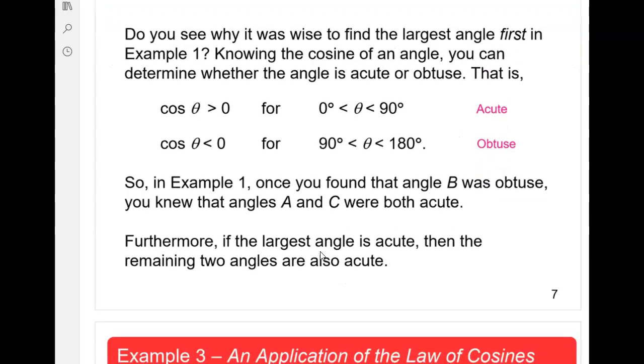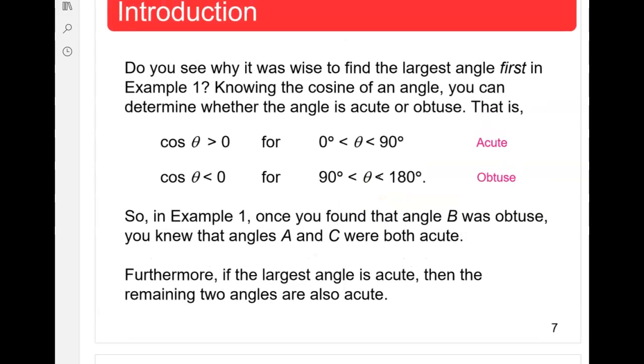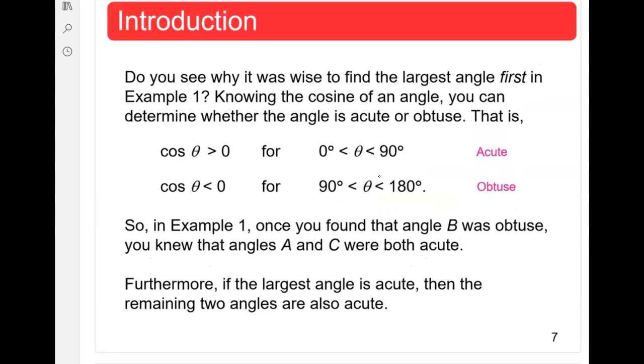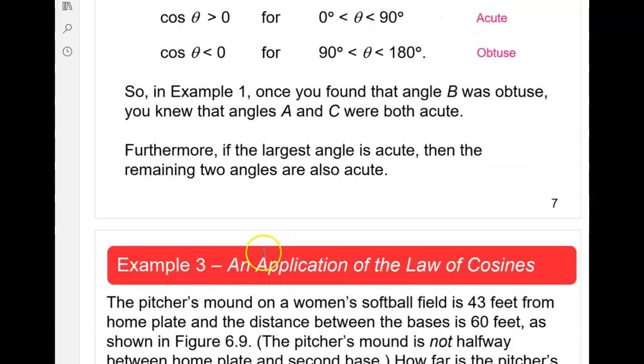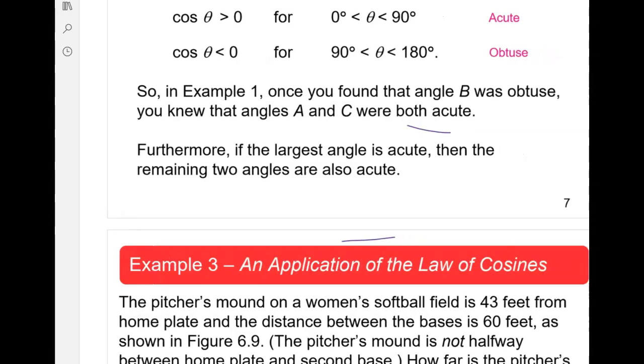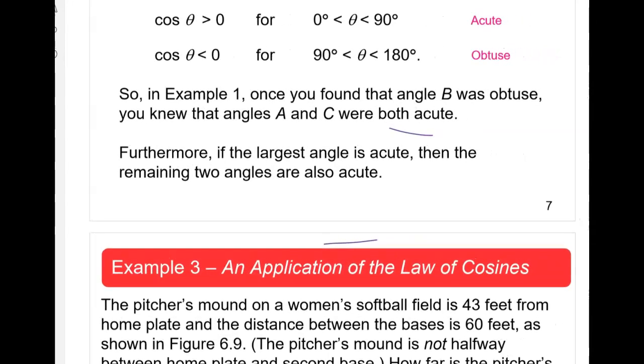Okay, so for this introduction slide, I'm going to just read from it. It says, do you see why it was wise to find the largest angle first in example 1?